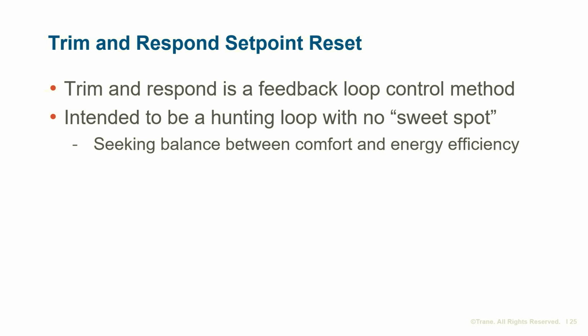A good way to think about it, the system is trying to balance energy efficiency with comfort. When comfort is met, the loop will trim to a more energy efficient set point until the loop receives feedback that indicates that comfort is no longer being maintained. Then, based on that feedback, the system will respond until comfort is met. The cycle then repeats over and over.